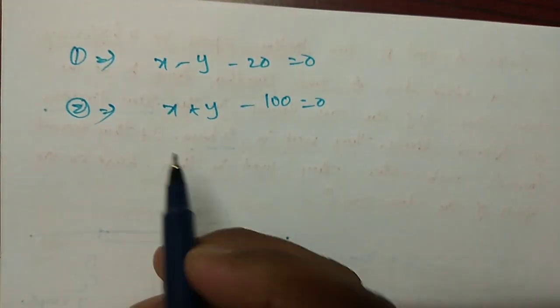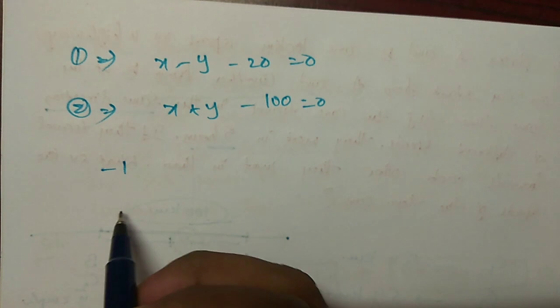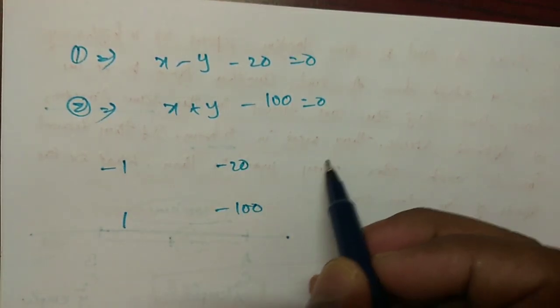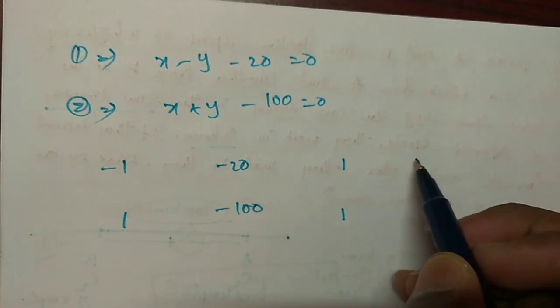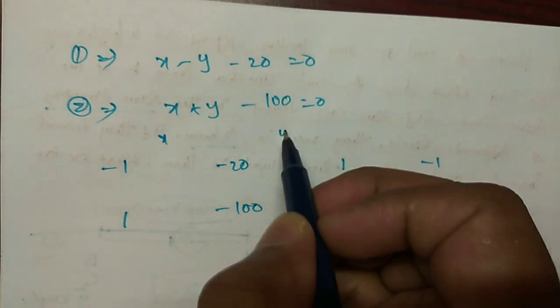So this is the second equation. Let us take these two equations. Then it is minus 1, 1, minus 20, minus 100, 1, 1, minus 1, 1, x, y, 1.